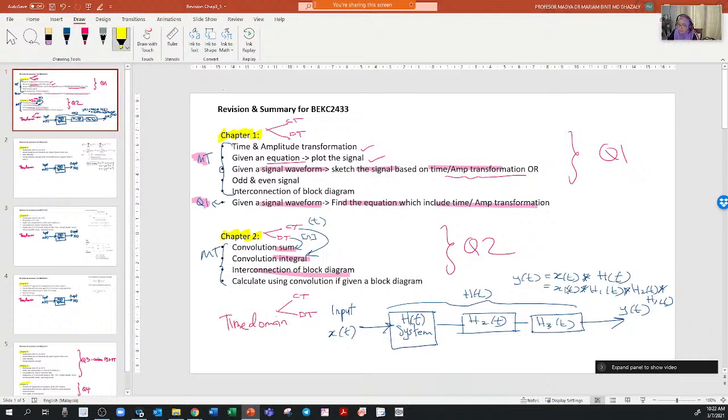The first one is x(t) convolve with h1(t), the one I color coded. You already did this. Then whatever you get here needs to be convolved with the second signal.